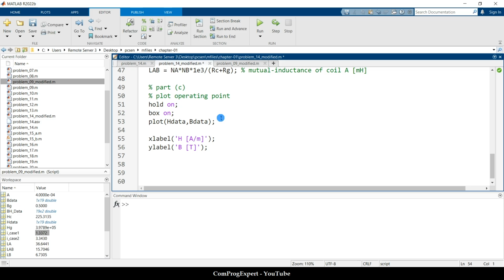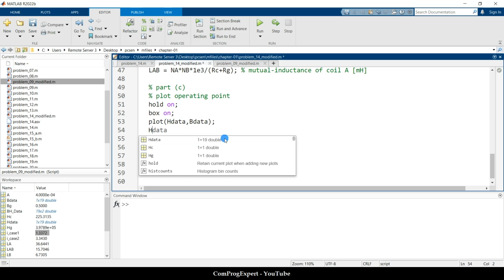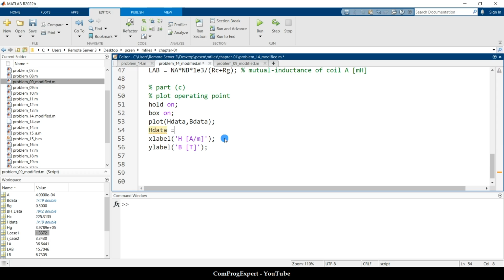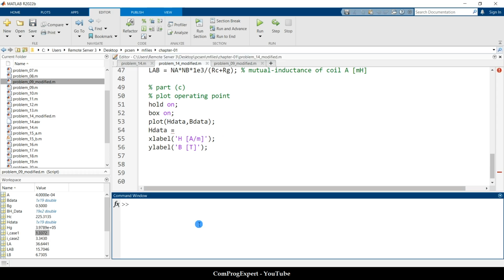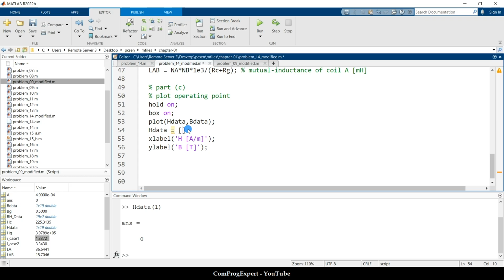We can consider this H data equal to H1, the first one is 1. So here I can write the negative of H data, and H data from 2 to n.